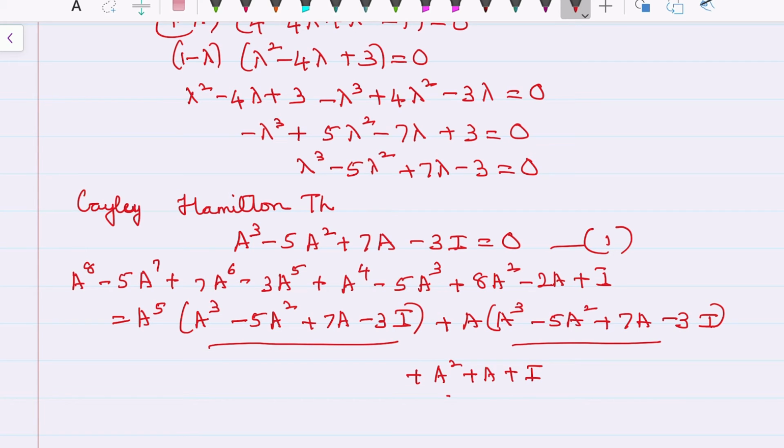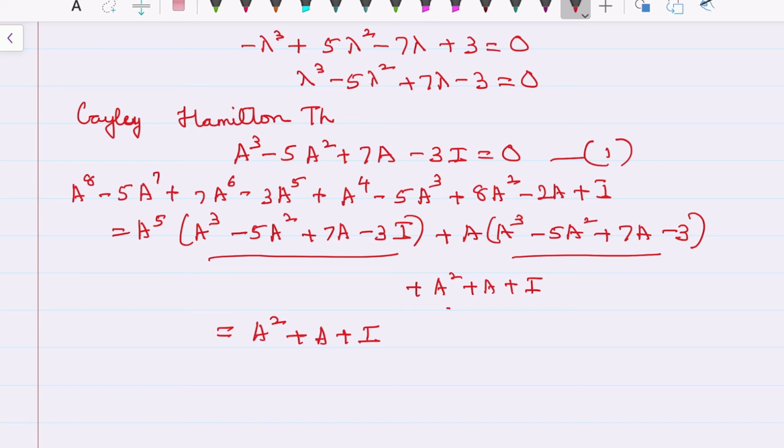And these terms are 0, so you get it as A squared plus A plus I. So this complicated expression reduces to A squared plus A plus I. You can actually simplify and see for yourself.